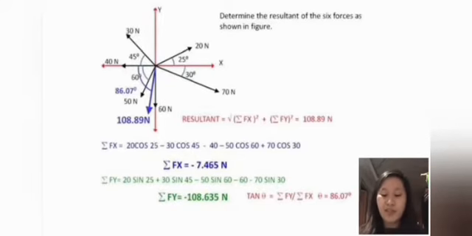So when we put the figures together, this is what it looks like: 108.89 at 86.07 degrees in the third quadrant. So why is it in the third quadrant? Because sigma Fy and sigma Fx are both negative, and the angle from sigma Fy over sigma Fx, the theta we got, is measured from the x-axis.